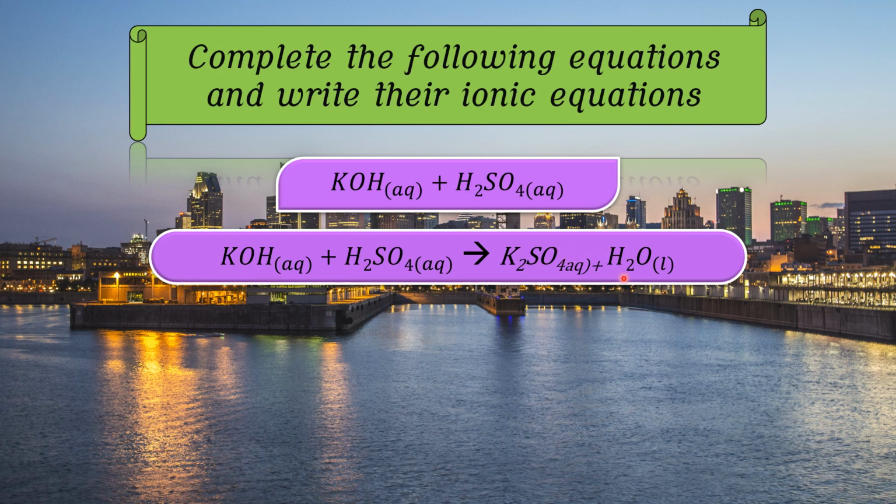So after getting those products and the reactants, we are going to break down the aqueous solutions to give us ions. It is only water which will not give us ions because it is in a liquid state. It's the one which will not split up.